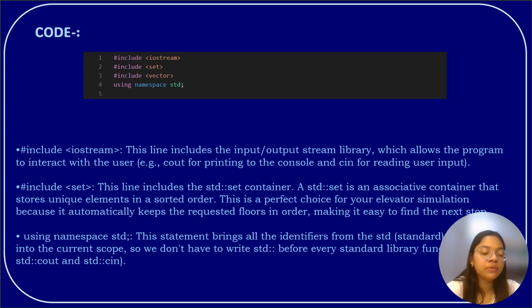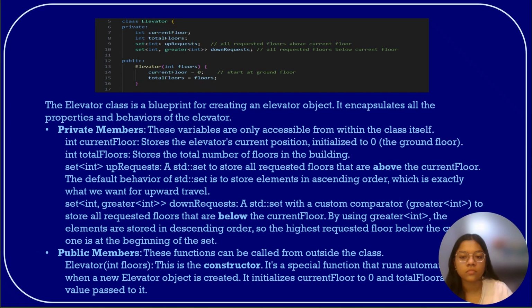Using namespace std helps us so that we don't have to write std double colon in front of every standard library function, like std::cout or std::cin. It saves us a lot of time.